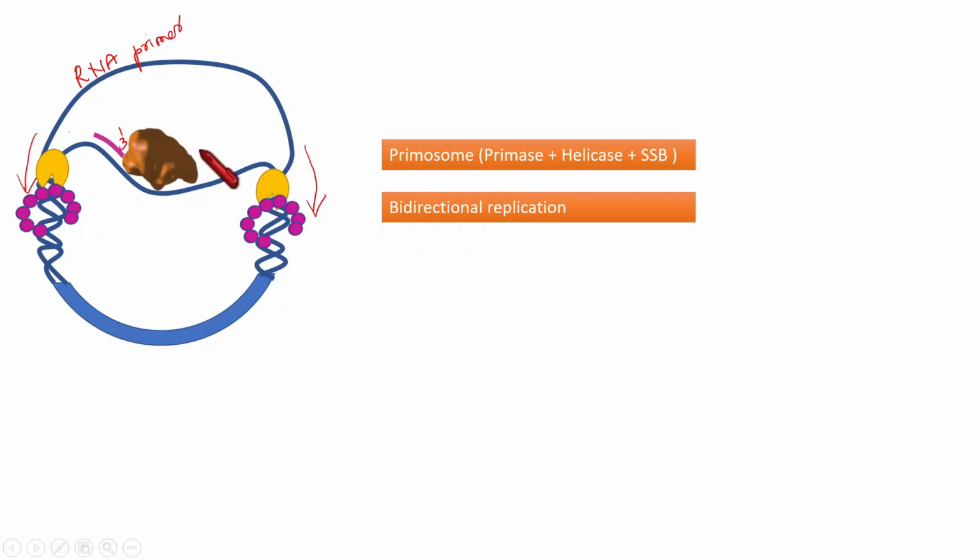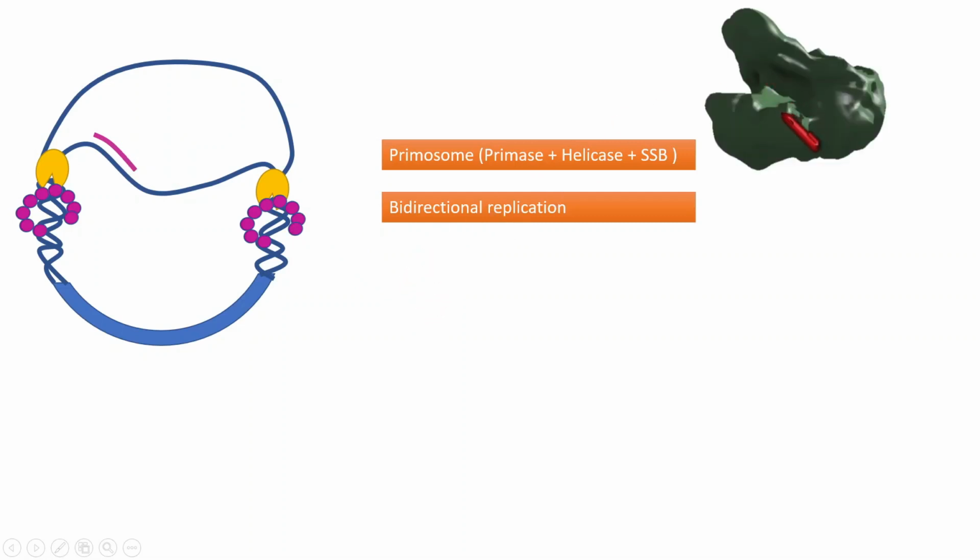So that is why in prokaryotes we say that DNA replication is bidirectional, because the movement of the two replication forks occurs in opposite directions. Then which is the enzyme that is doing this DNA replication? That enzyme is DNA polymerase.